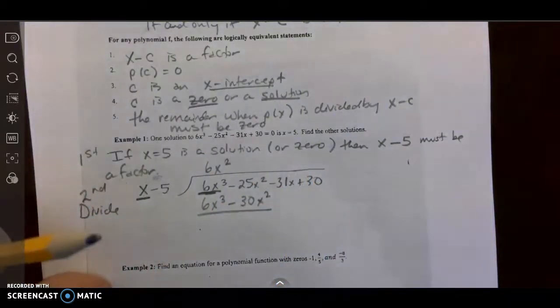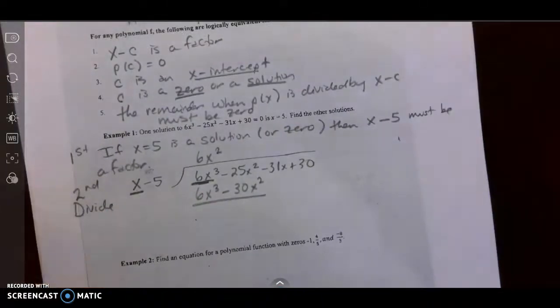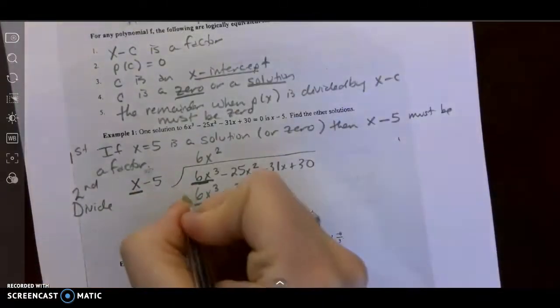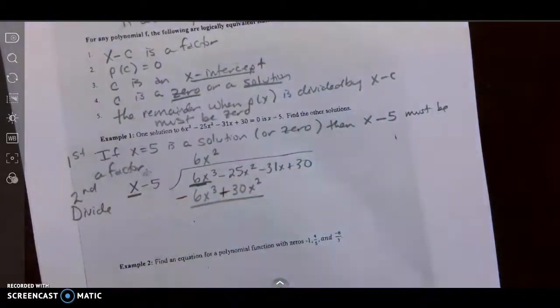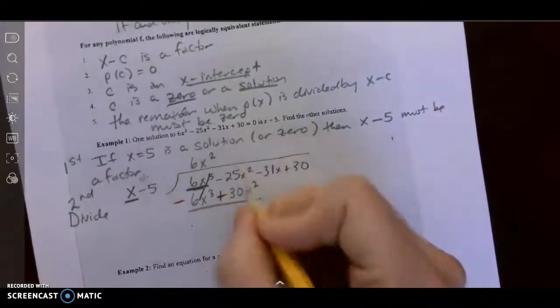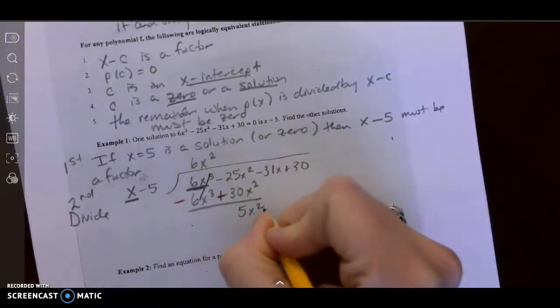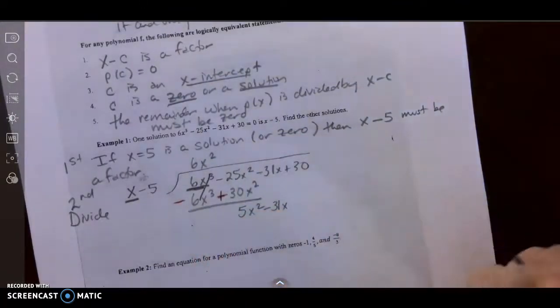Now I'm going to change my color so that my signs, I change color to change my signs. Since I'm subtracting, I'm going to go ahead and change those signs. Now I can simply add, and I get 5x squared minus 31x.